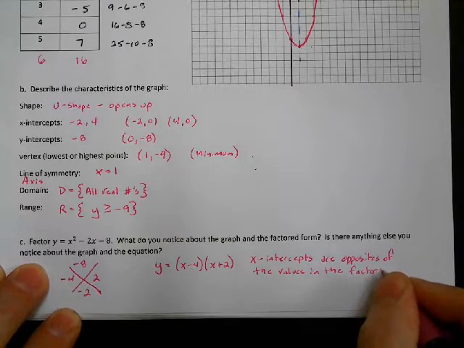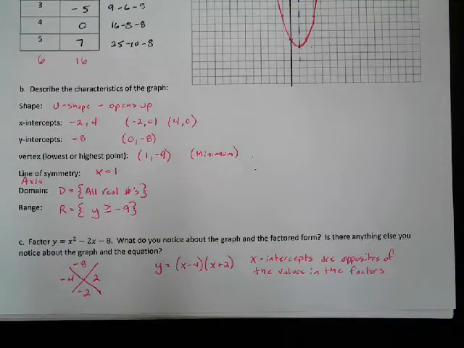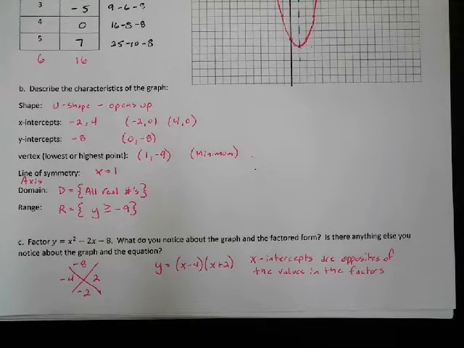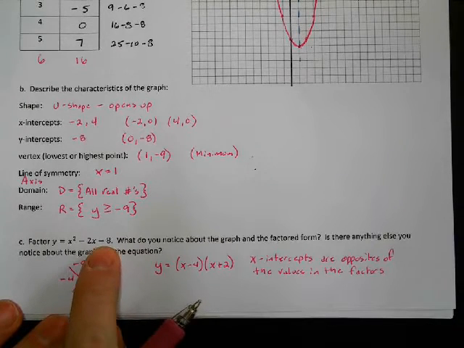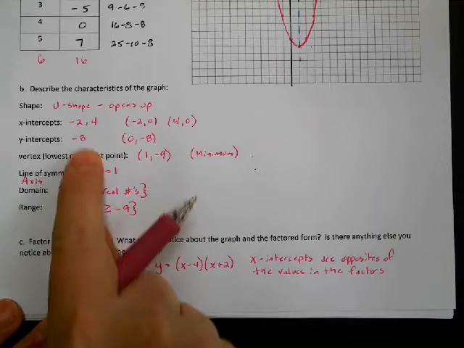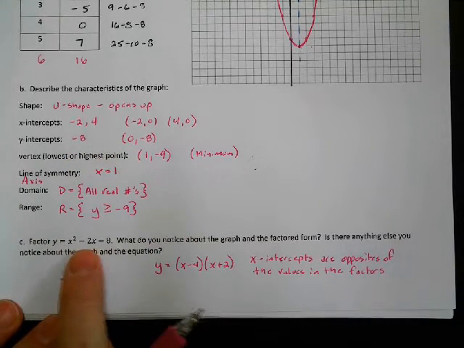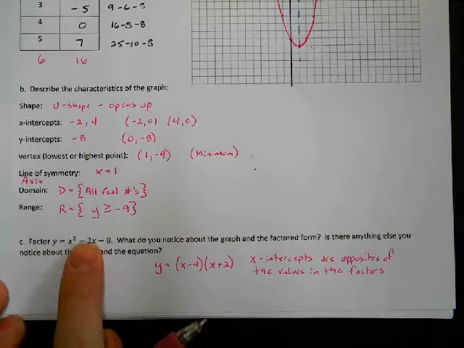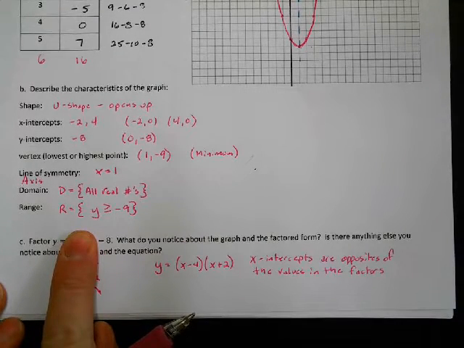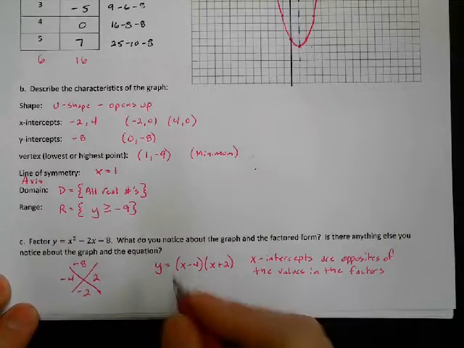Is there anything else that you notice about the graph and the equation? Well, I do notice that this -8 was our y-intercept. And it makes sense because if you plug in 0 here, the x's basically just go away. So this -8 value over there is our y-intercept. So let's do a different color.